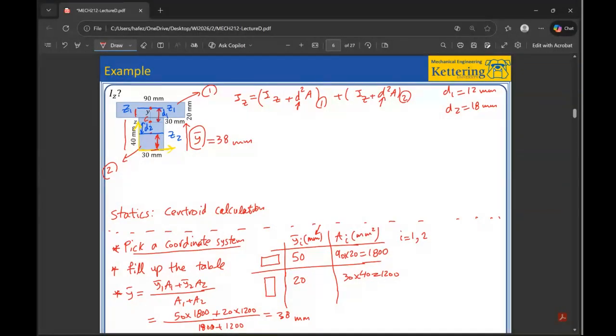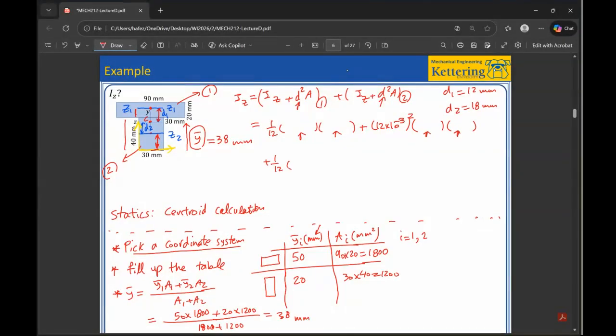All right, with those said or calculated, let's do this. Iz of the upper piece is 1/12 base times height, one of them cubed, plus d1, which we found to be 12, d squared times the area of the upper piece, base times height. If we know these values, these go also in here.